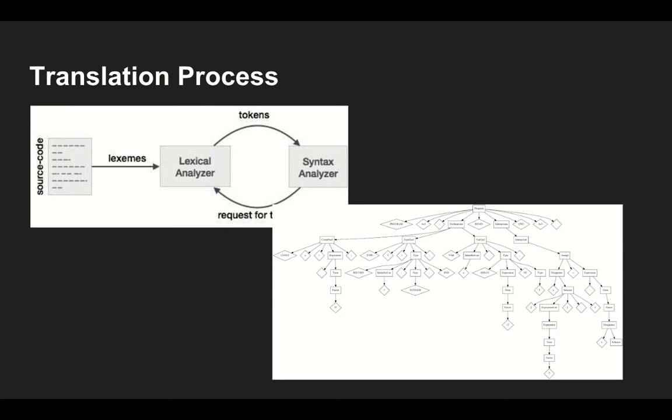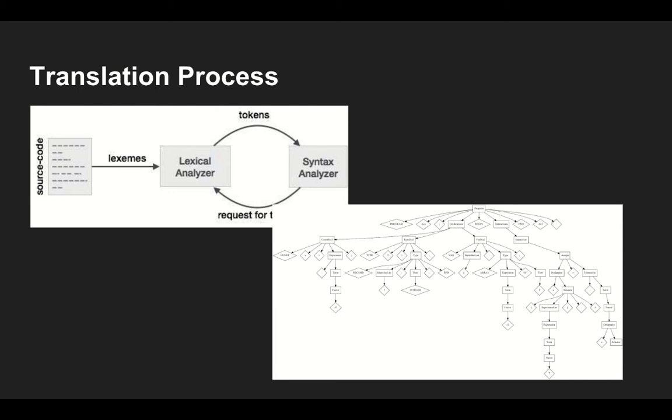A more in-depth analysis of this begins with the lexical analysis. The process of lexing takes the text of a high-level language and breaks it down into lexemes, and then maps these lexemes into tokens such as keywords, identifiers, literals, operators, special symbols, and constants.